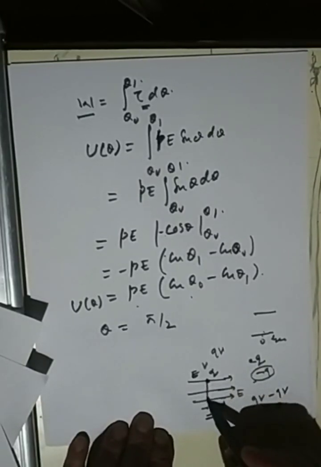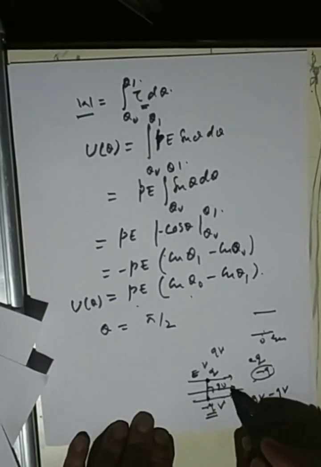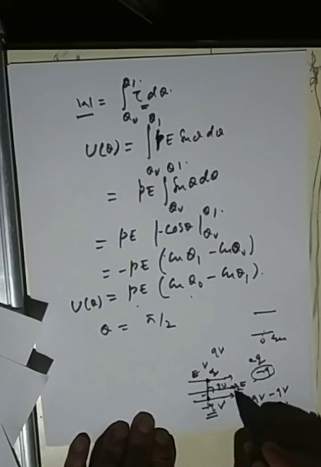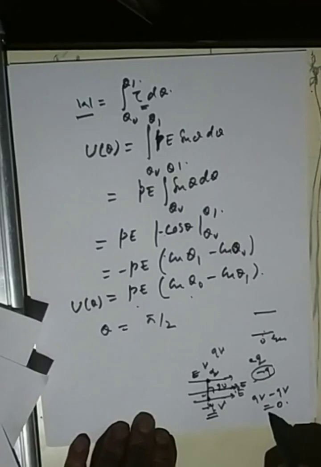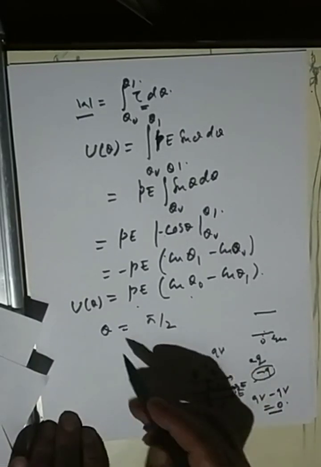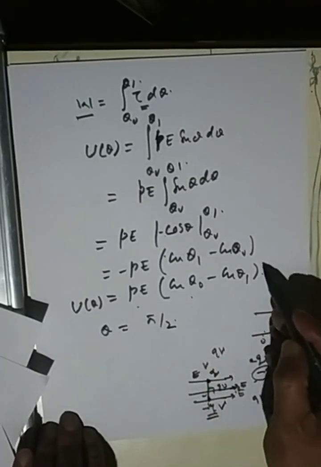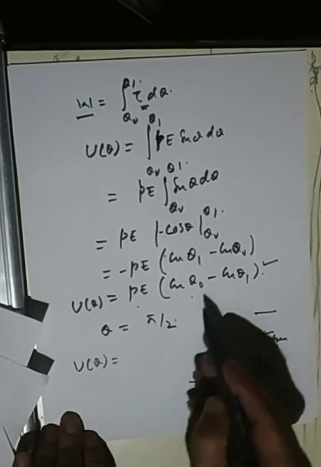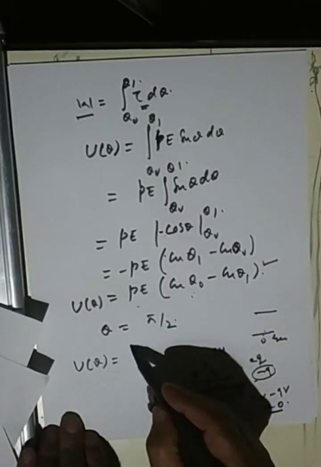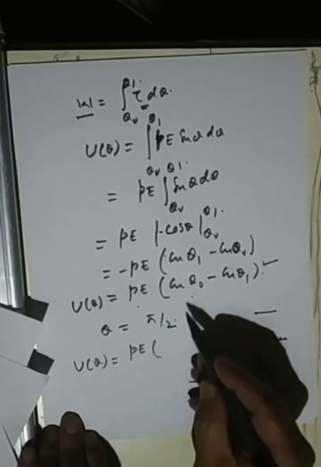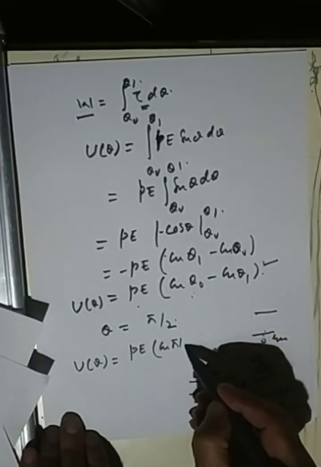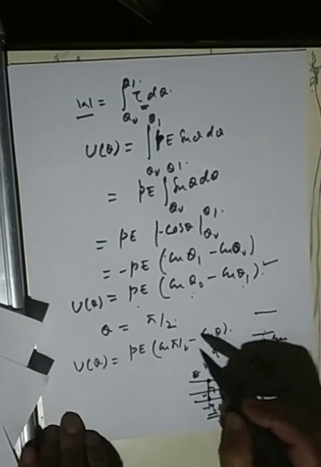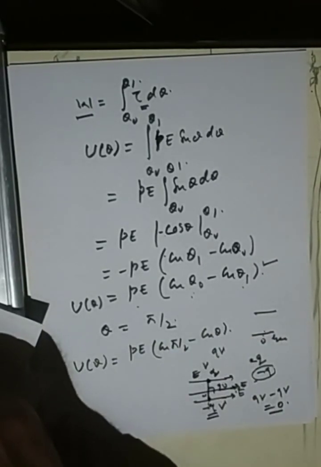तो ये एंगल यहाँ पर 90 डिग्री बनेगा, E इस डायरेक्शन में. So in arranging a dipole perpendicular to the electric field, energy required is 0. So we take angle theta equal to pi by 2. So when we substitute in this, U theta will be equal to PE cos of pi by 2, और ये कोई जनरल एंगल लेंगे हम cos theta, पाई बाई 2 से कोई एंगल तक इसको ले जाने में.